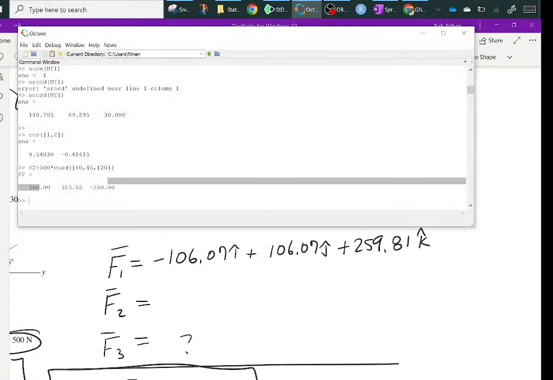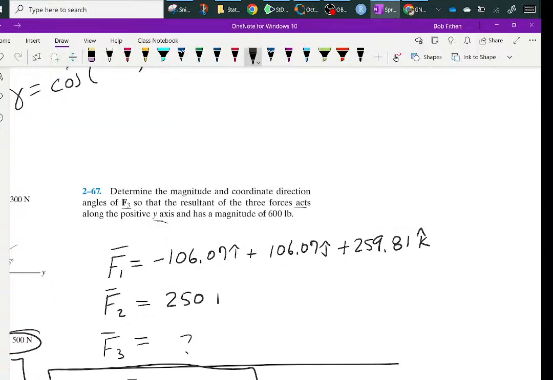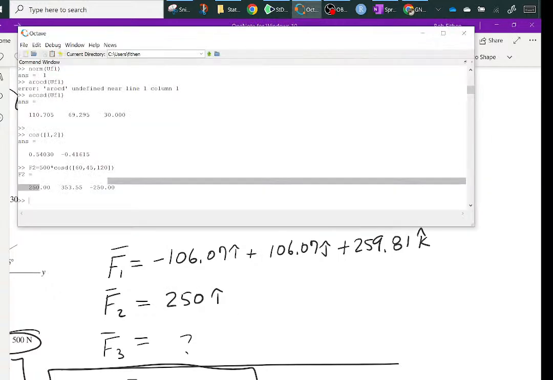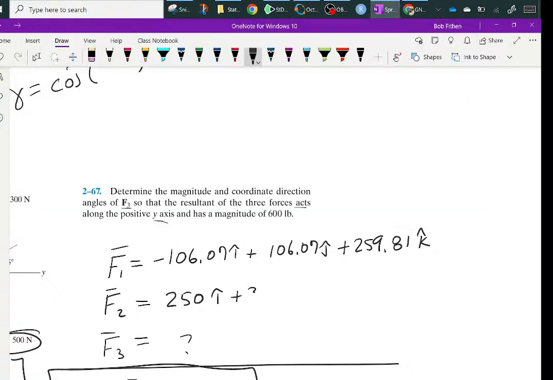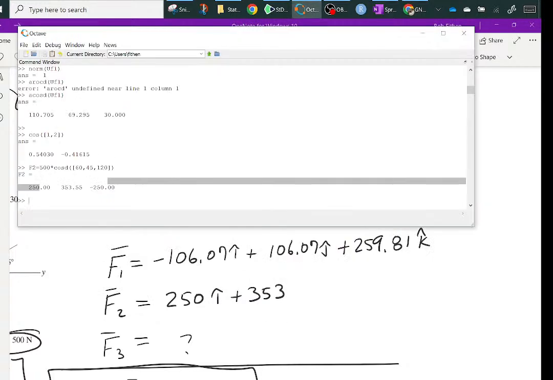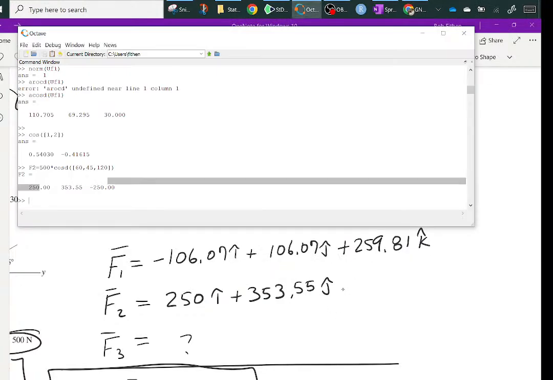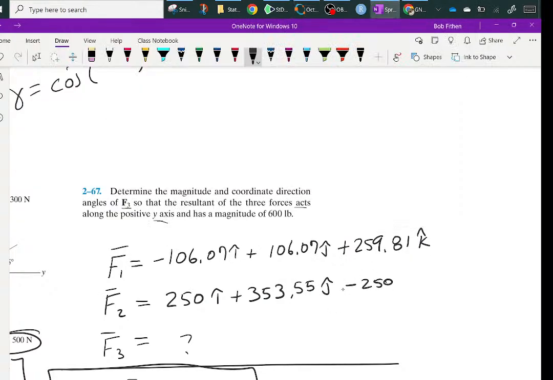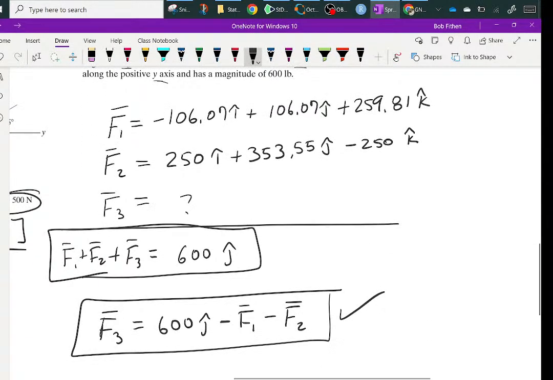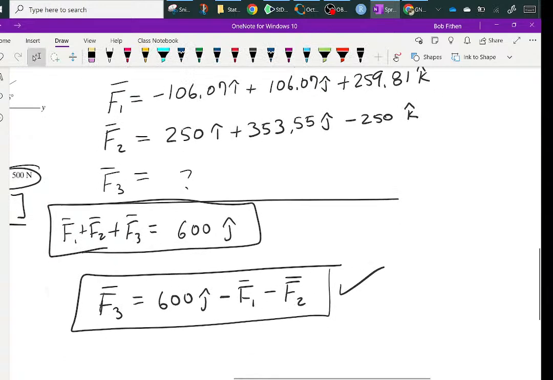Okay, so it was 250i plus 353.55j minus 250k. So bam, just like that, I got the F2. So guess what I can do now?